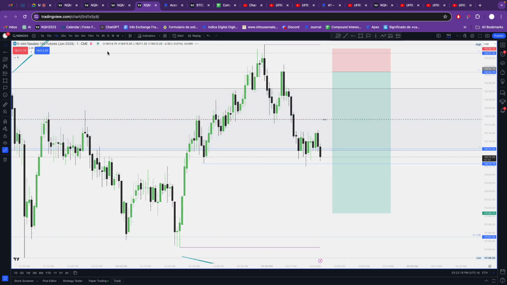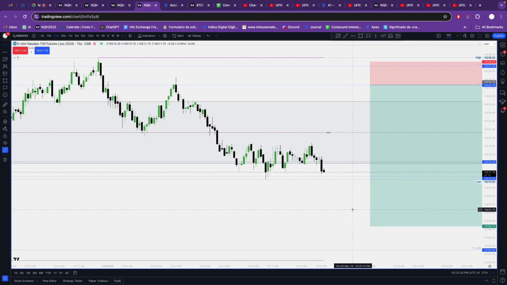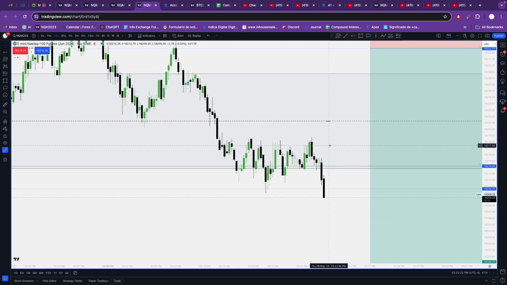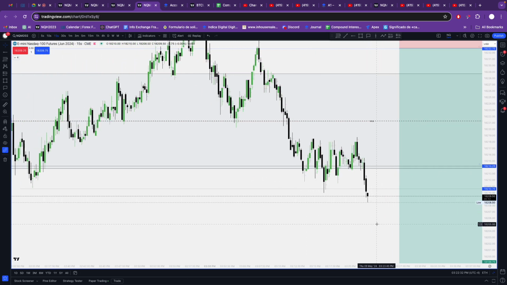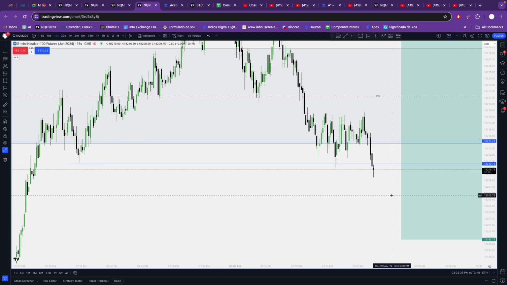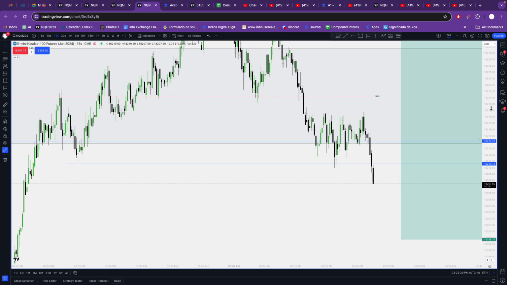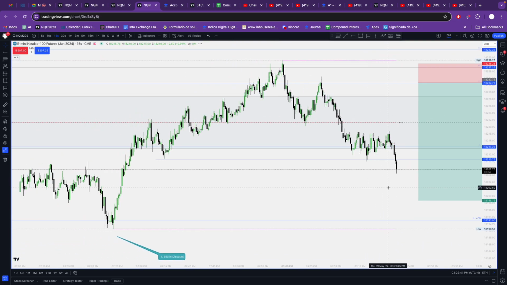Let's look at the 15. We know we're in premium. We took out previous session liquidity. We did that already. So this is why I was bearish.